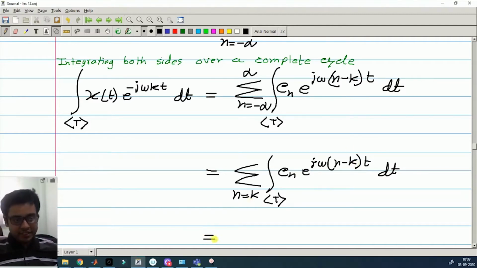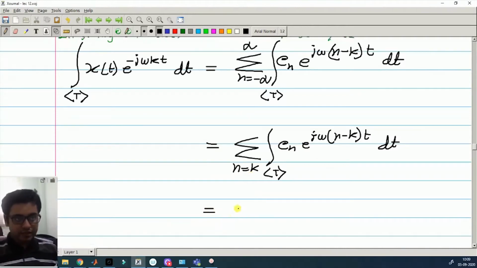So basically I have only one term, Ck, n equal to k, e to the power j omega. In place of n put k, so that means k minus k is 0, dt integrated over a complete cycle.